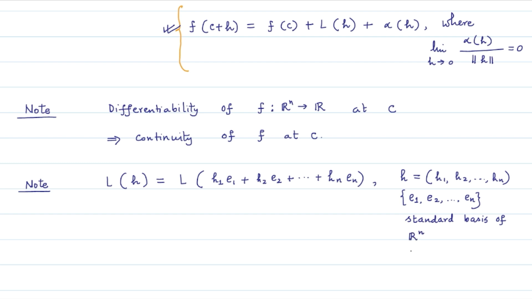That means the jth element in this standard basis, ej, is the vector whose all components are zeros except one at the jth component.